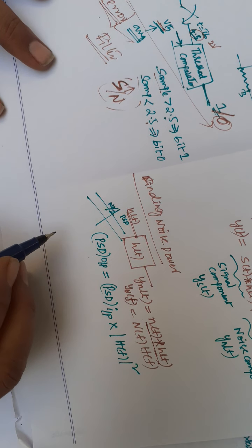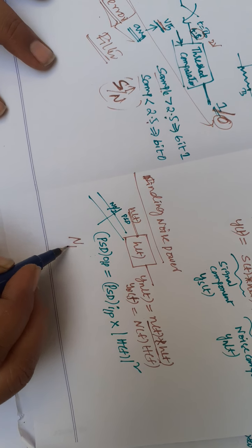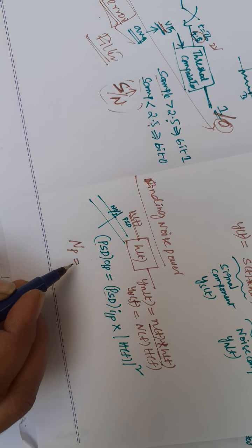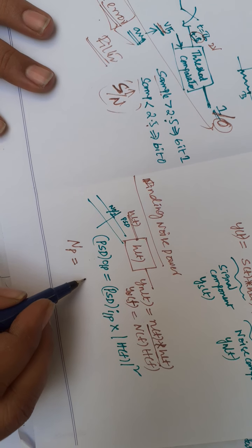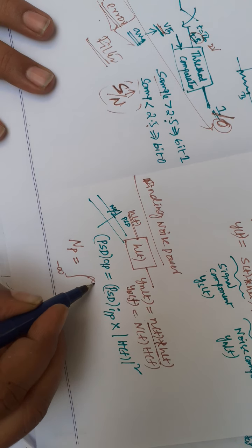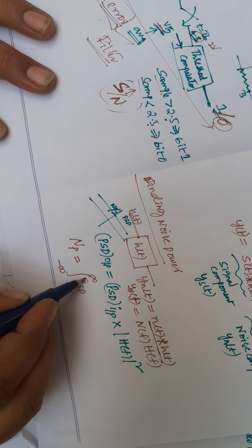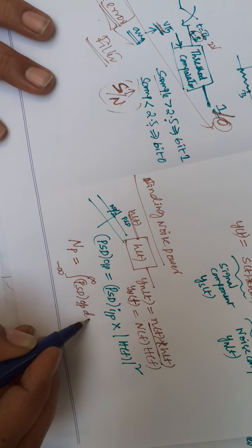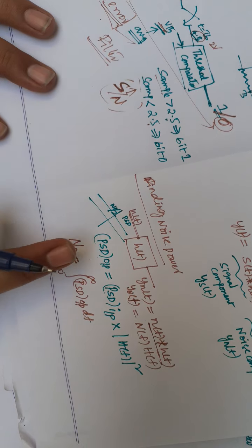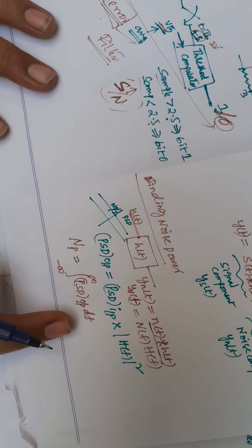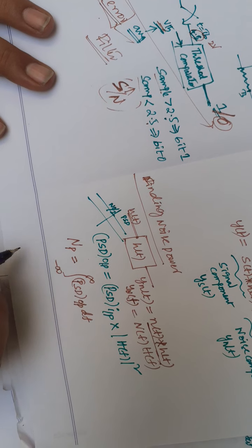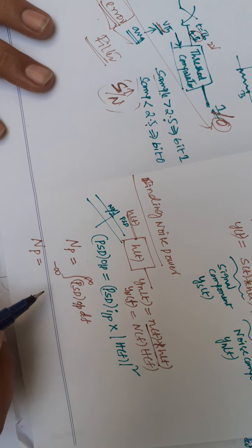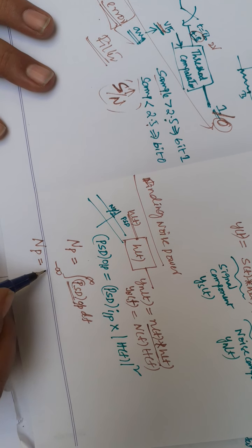Now see here, noise power, here I am writing noise power. The noise power I am representing with NP. The noise power is equal to, the simple equation, integral from minus infinity to infinity of the power spectral density output df. Now what is the power spectral density output?